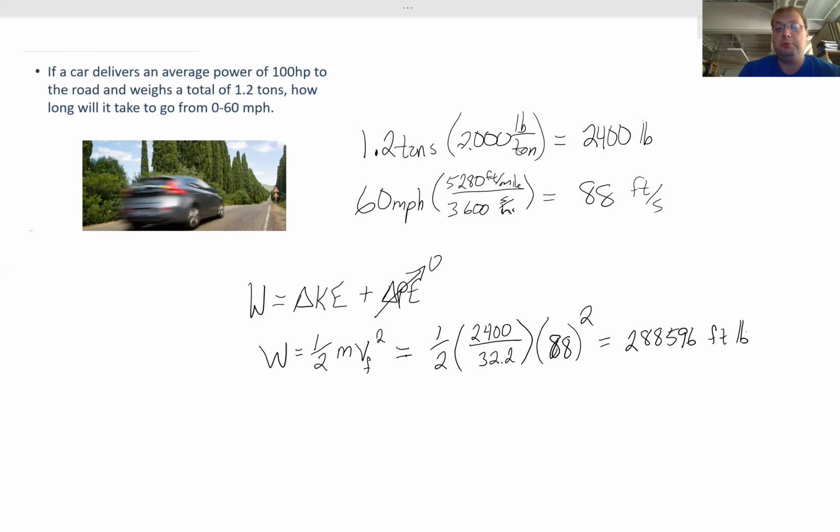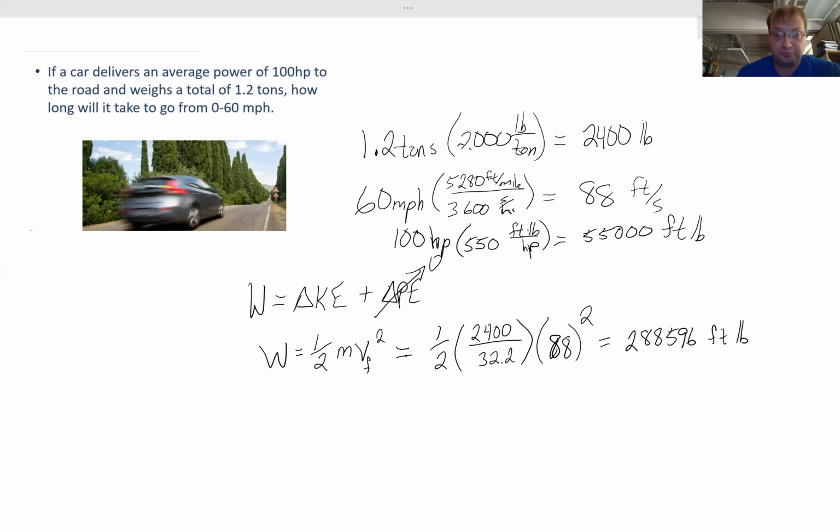The last part that we want to come back to is the conversion factor: we have 100 horsepower, and if we multiply that by 550 foot-pounds per horsepower, we obtain the 55,000 foot-pounds as a result.